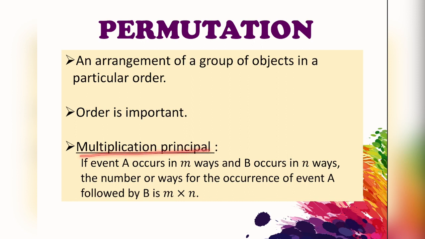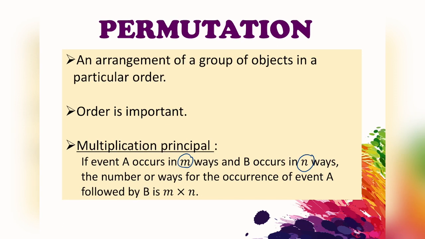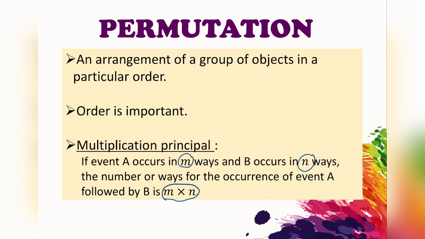Multiplication principle. If event A occurs in m ways and B occurs in n ways, the number of ways for the occurrence of event A followed by event B is m times n. This technique can also be applied for more than 2 events.